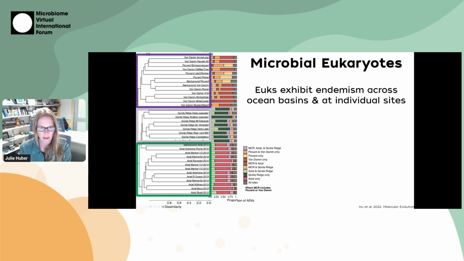They were not found at this site, which is only about, I don't know, this is off the coast of Northern California, whereas this is off the coast of Oregon. So we see that there's a lot of local endemic eukaryotic lineages at these sites.